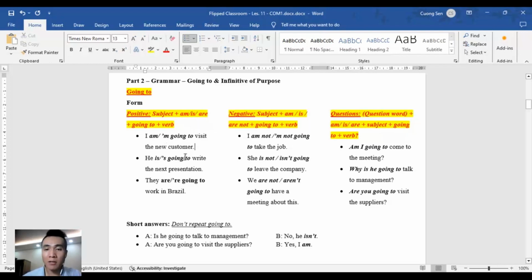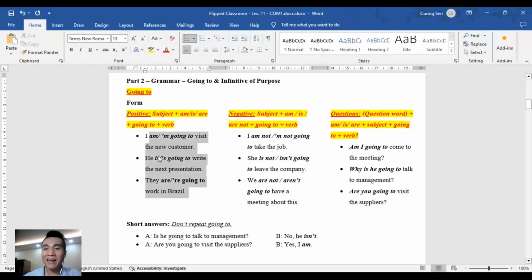To the new customer. The same thing here, with he we use is: he is going to, plus main verb, the next presentation. And the last example is they are, or contracted, they're going to work in Brazil, where work is the main verb.